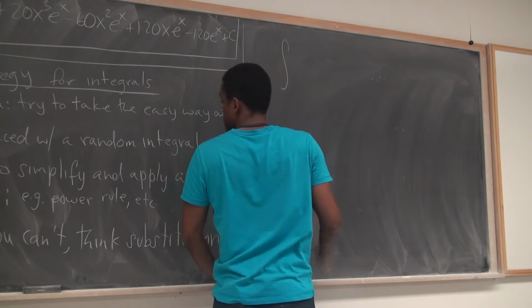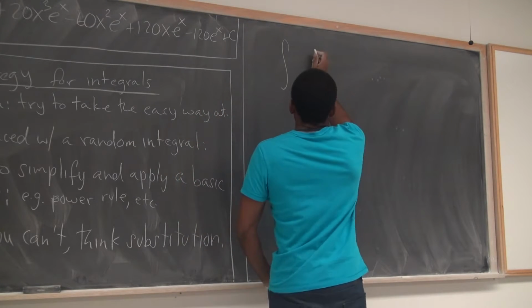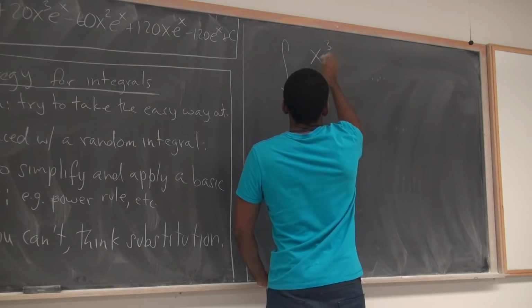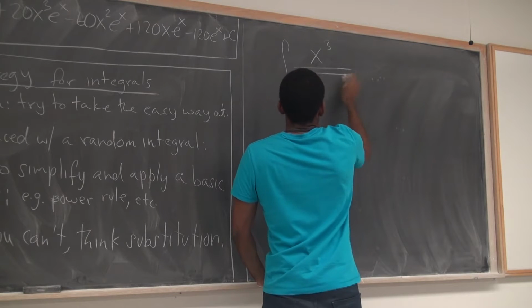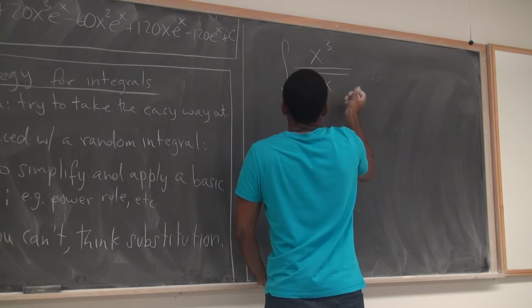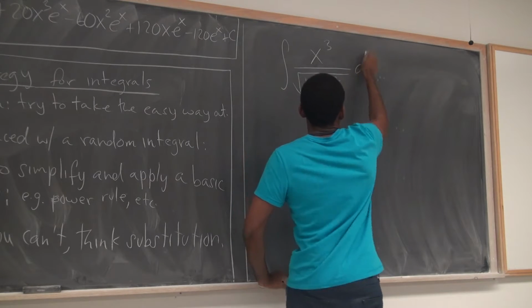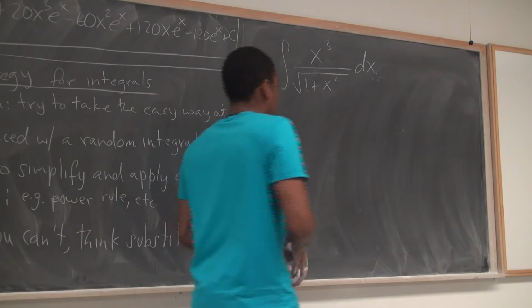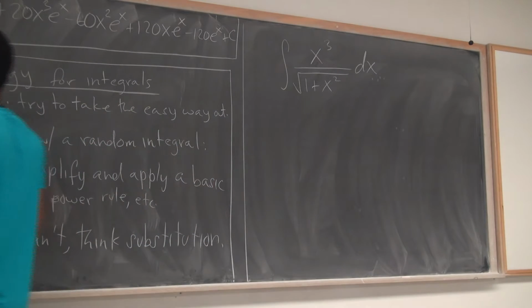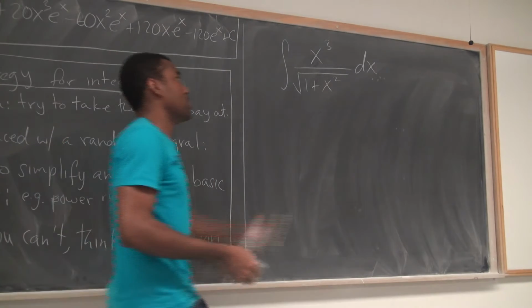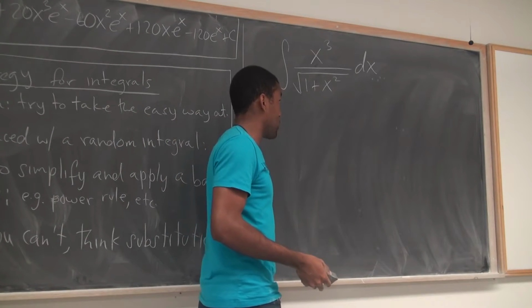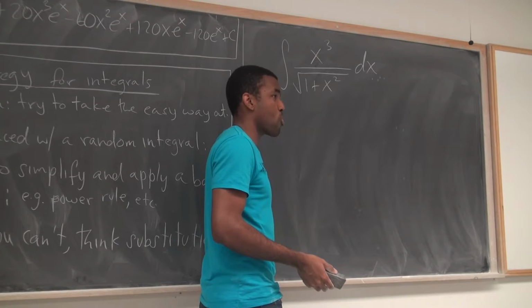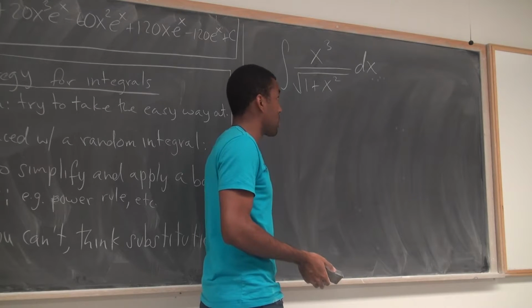For example, let's say I have x cubed over the radical of 1 plus x squared. Now, when I was learning Calc 2, we waited until we hit trig substitution to do something like that, and it's horrible. Substitution can work, right?